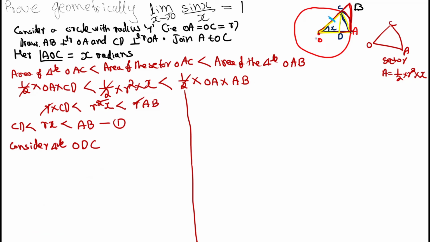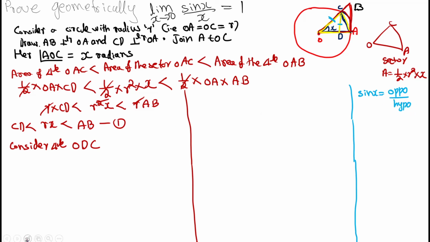OC is nothing but the radius, that is R, and CD I need to calculate. So I need to find one trigonometric function that relates the opposite side and the hypotenuse. That is sin x, which we define as the opposite side divided by the hypotenuse.